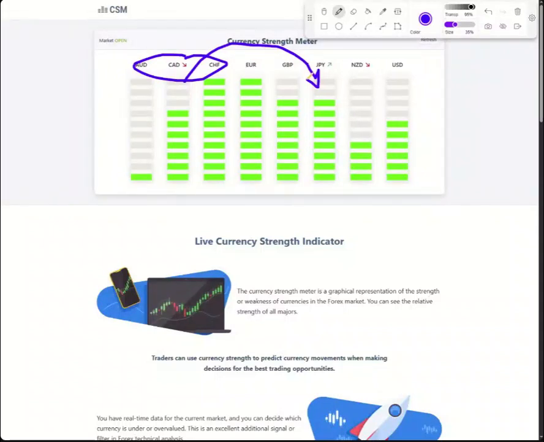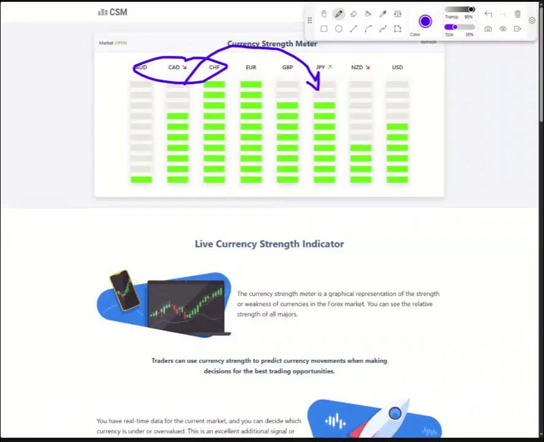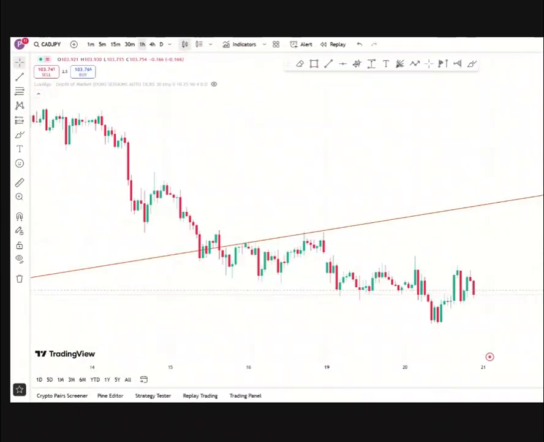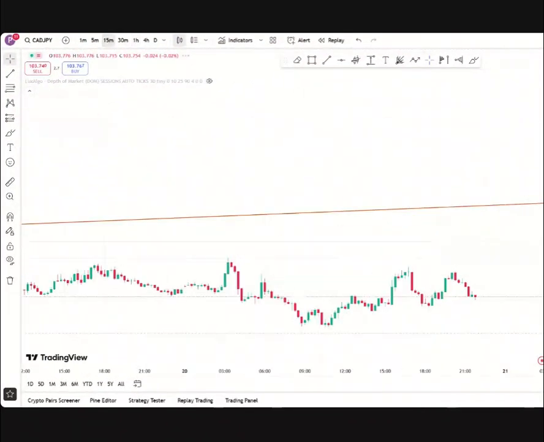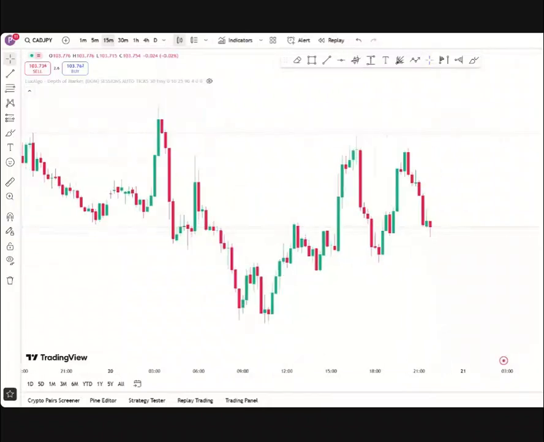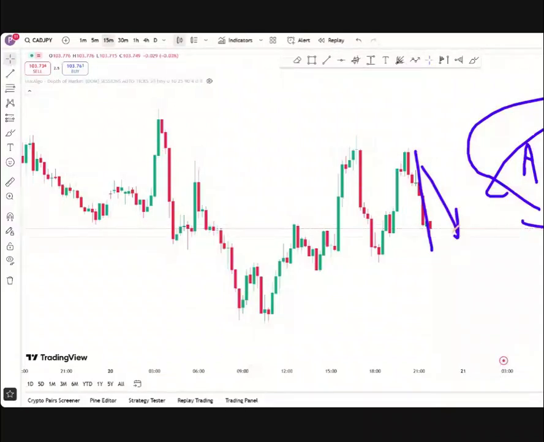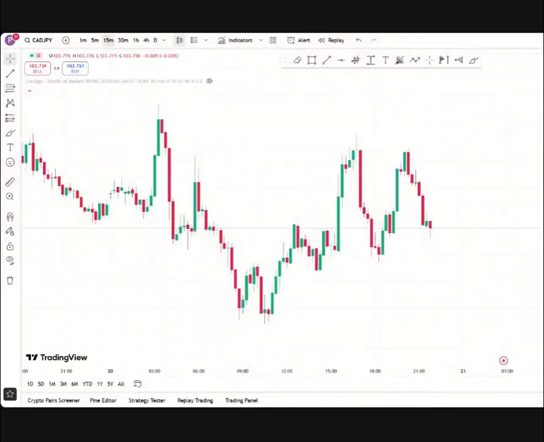So CAD JPY, let me present CAD JPY. And so it's currently going down. There's the CAD JPY. So you can see it's currently going down. Why? Because CAD is losing, but JPY is going up, meaning JPY is stronger than CAD. Na ukianza na weaker currency unafaa kufanya nini? Una sell.